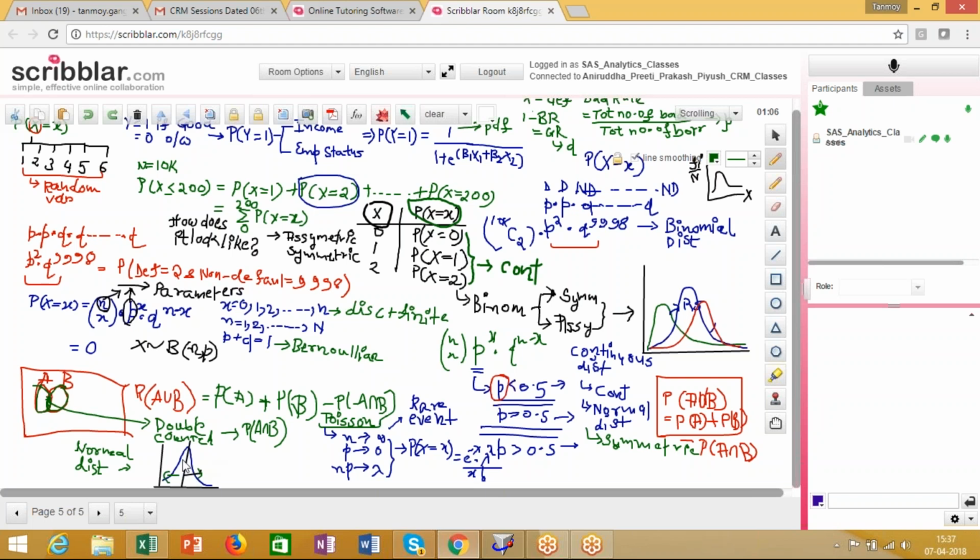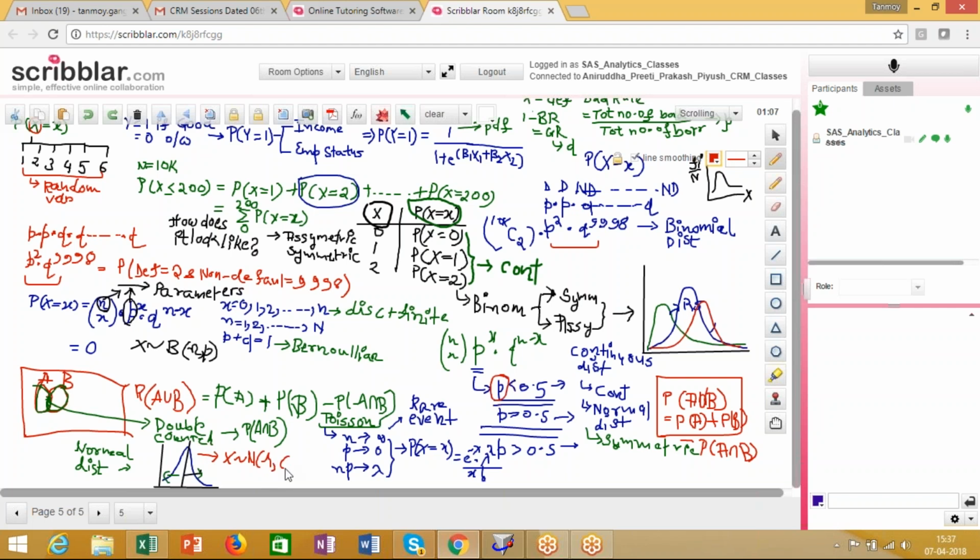Most of the theoretical analysis going forward, be it the regression model, the logistic regression model, or whatever the model is, is premised on the basis that X follows a normal distribution with given mean and variance sigma square.